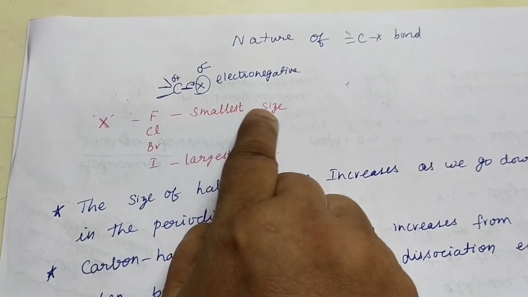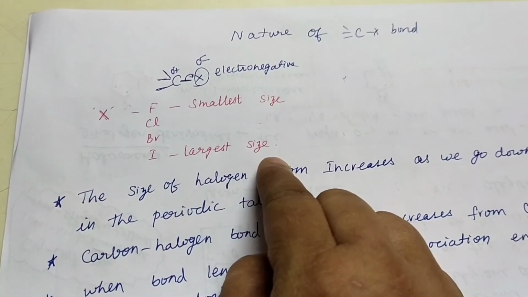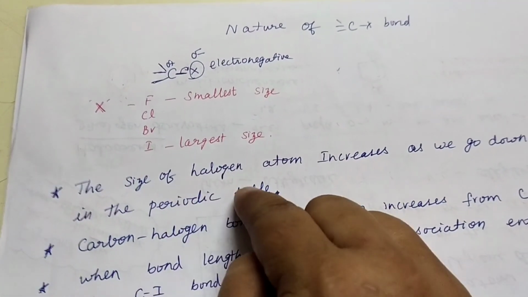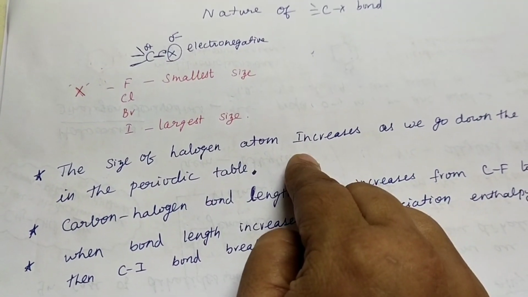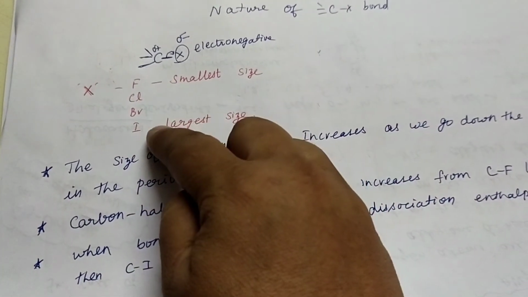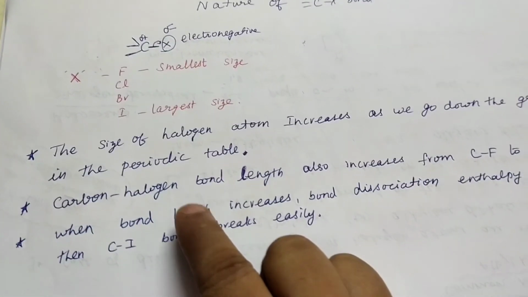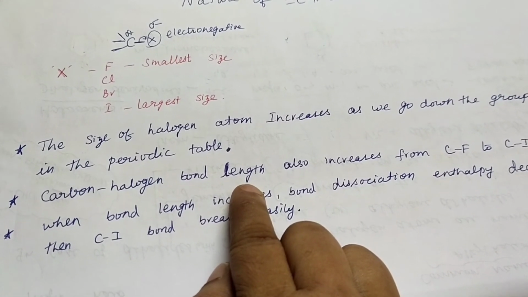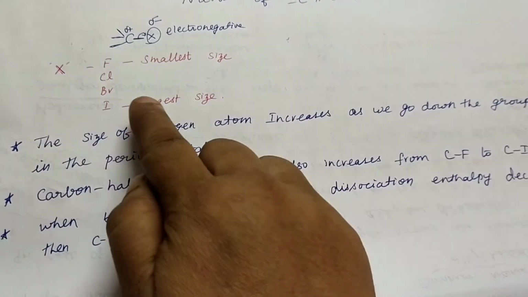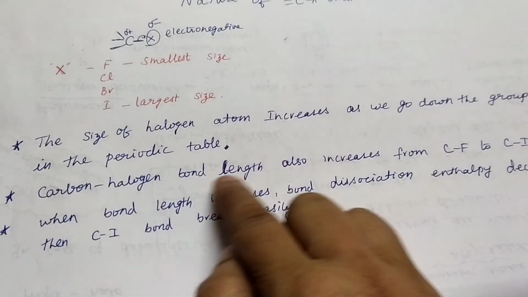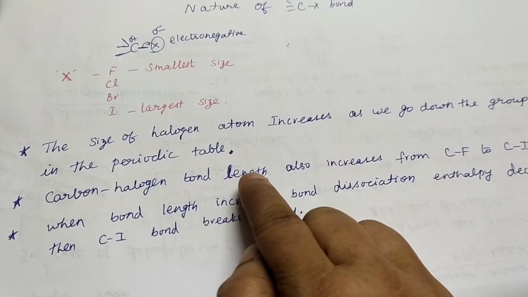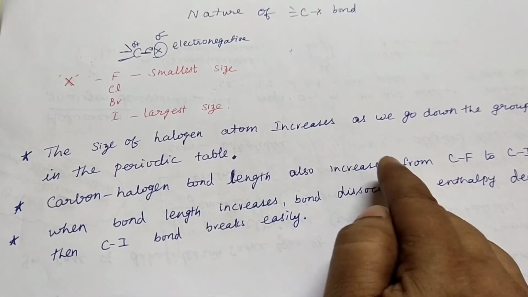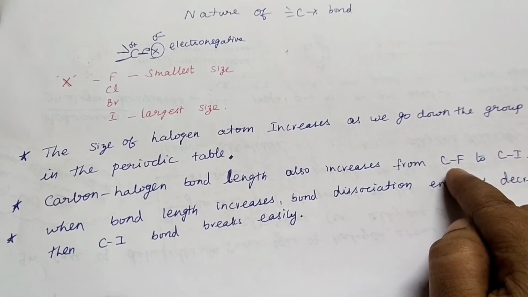Among these, fluorine is the smallest in size and iodine is the largest. As the size of the halogen atom increases when we go down the group in the periodic table, the carbon-halogen bond length also increases from C-F to C-I. So the bond length goes on increasing from C-F to C-I.